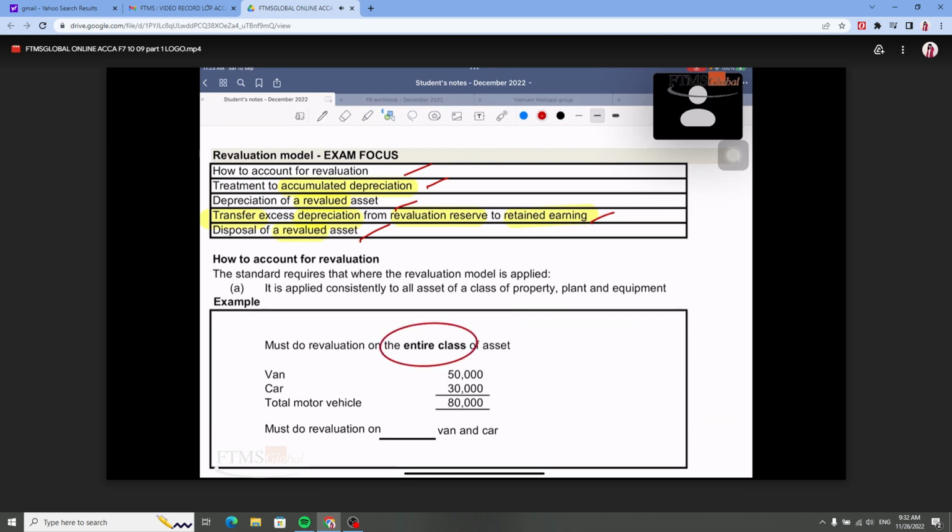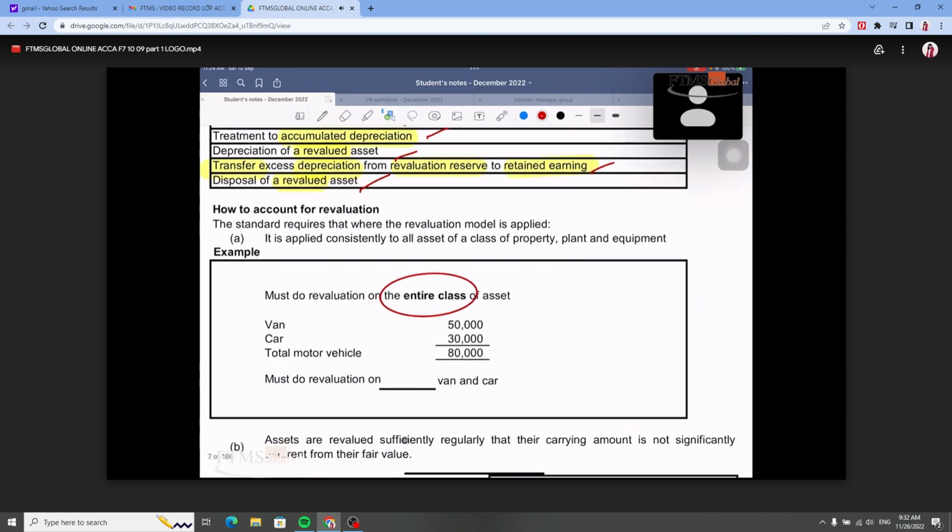This means, for example, if for motor vehicle I have chosen revaluation model, then I have to do revaluation on all my motor vehicles. In this case, I have a van and a car. I have to use revaluation model on both van and car.